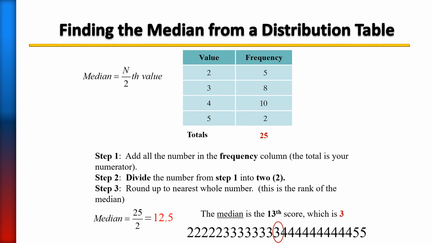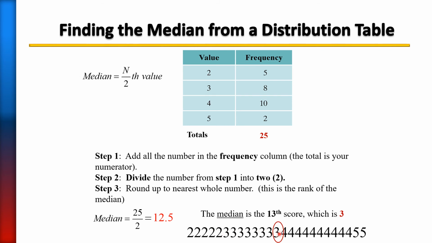And we learned that by, again, to find the median within a frequency distribution table, add your frequency numbers, divide by 2, and round to the nearest whole number. It will tell you what rank, what position, your median is going to be at.